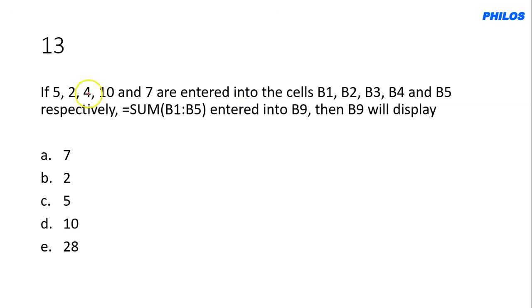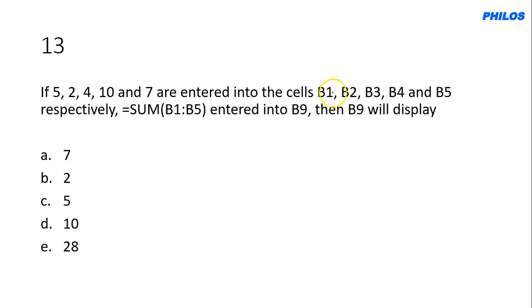Question 13 also gives us the same setup, but this time it asks that equals SUM into bracket B1 colon B5 entered into B9, then B9 will display. Remember I said colon means to. SUM means addition. So it's telling you to add from B1 to B5.